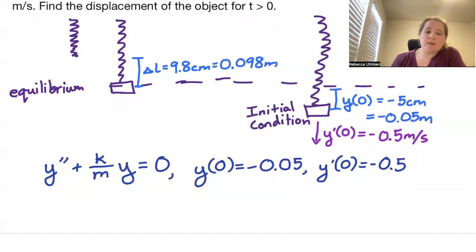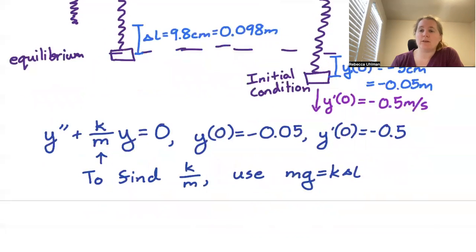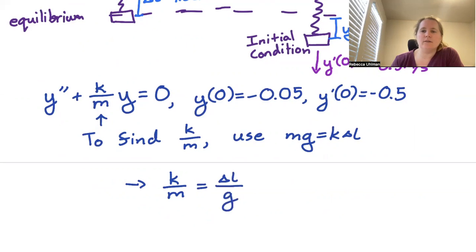So at this point, we simply need to know k over m. To find k over m, we'll use the fact that m times g is equal to k times our equilibrium stretch. So that means k over m should equal the equilibrium stretch divided by our acceleration due to gravity.